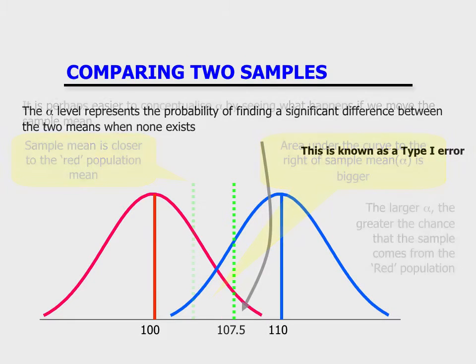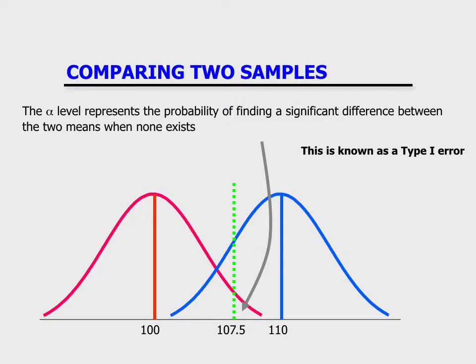So the alpha level represents the probability of finding a significant difference between two means when none exists. So again, the none exists really has everything to do with the null hypothesis, right? In the null hypothesis, you're saying that the score of 107.5 is not statistically different than the score of 100. You want to reject the null hypothesis in your research.